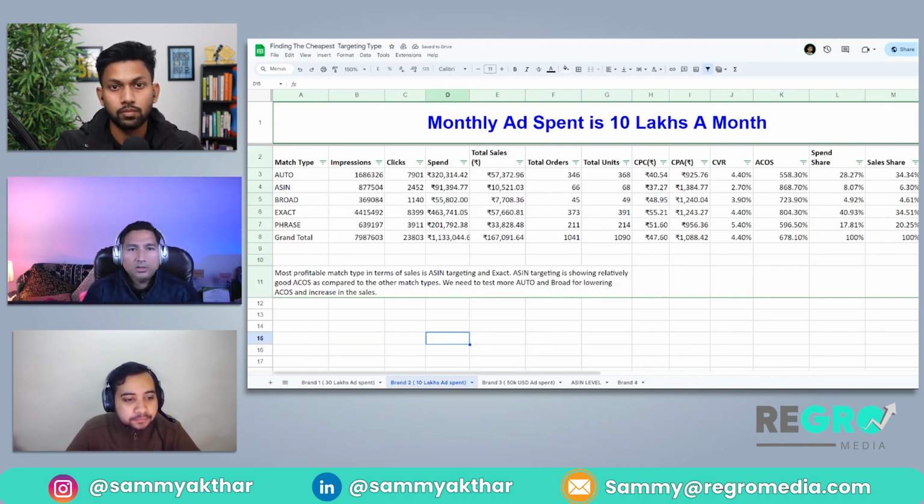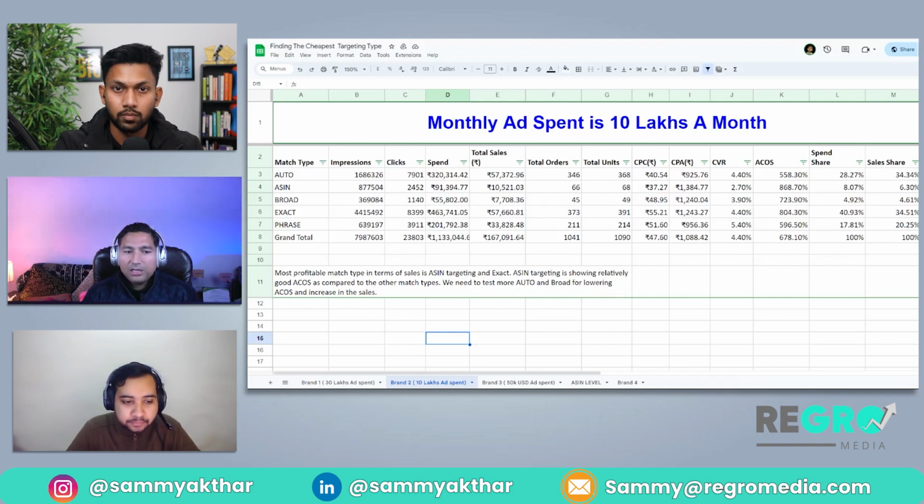They can invest in such direct keywords. But for a brand like this, even one of the highest ACOS is the exact match. So match type wise, exact is something you have to be very careful with. Don't mistake it for any other category where we go for ranking campaigns. In such categories you have to be careful when you go for exact match.